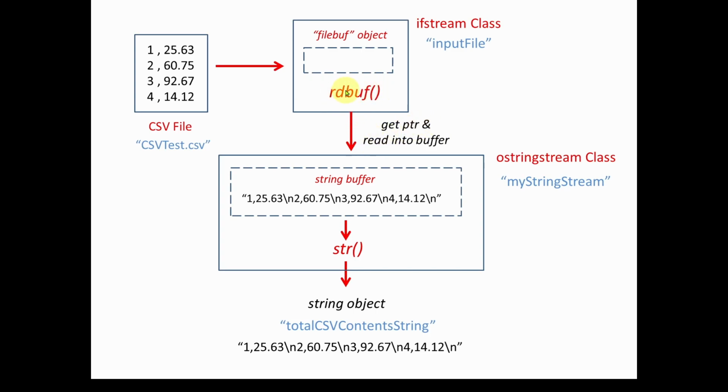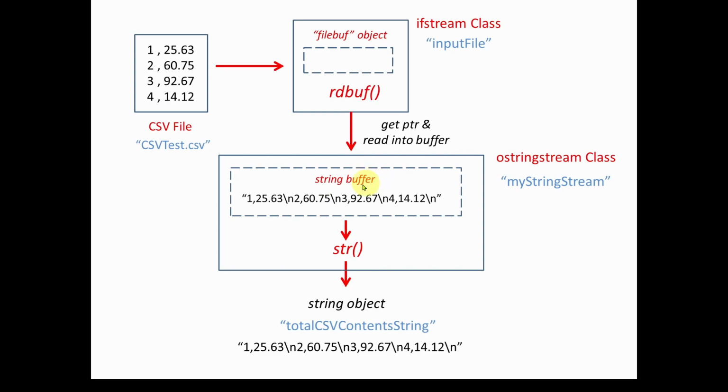So where's the buffer located? Well, we said it's in the output stringstream class, and I'm going to call it my stringstream, right? So when you read the buffer, it's going to get a pointer to this my stringstream, and it's going to read all the data into the buffer. So here's my stringstream class called my stringstream, and it holds inside of it a string buffer.